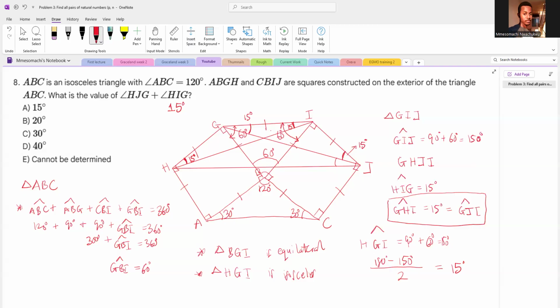Since it's a cyclic quadrilateral, it means we can quickly get some things out. So let me erase this.